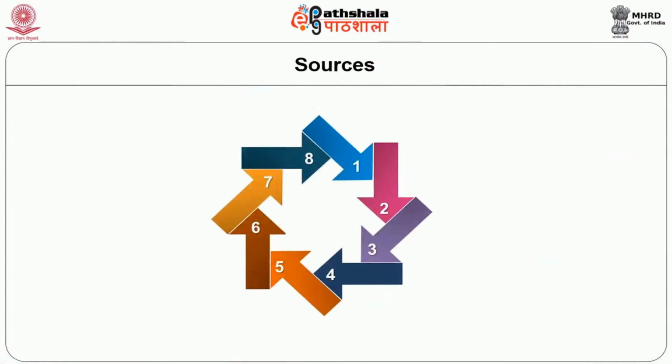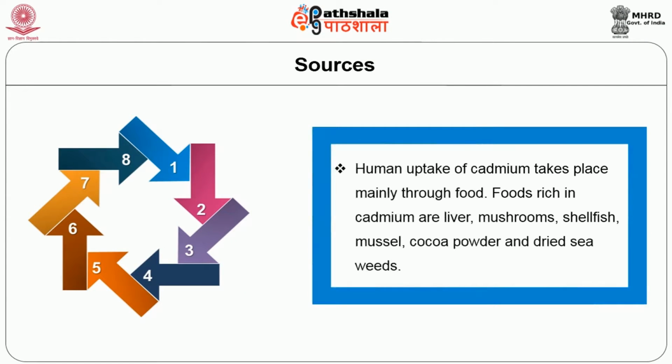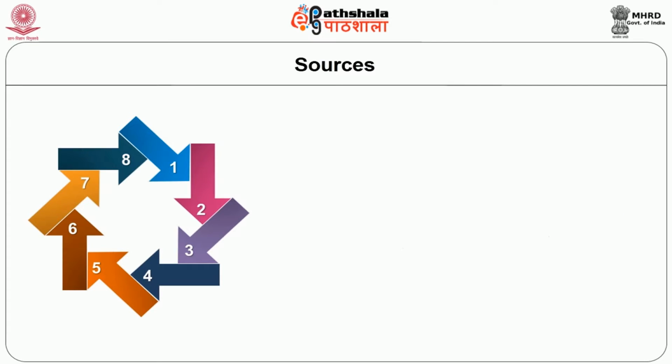Let us identify the food sources of cadmium. Human uptake of cadmium takes place mainly through food. Foods rich in cadmium are liver, mushrooms, shellfish, mussels, cocoa powder, and dried seaweeds.